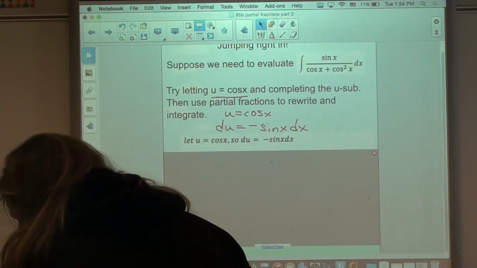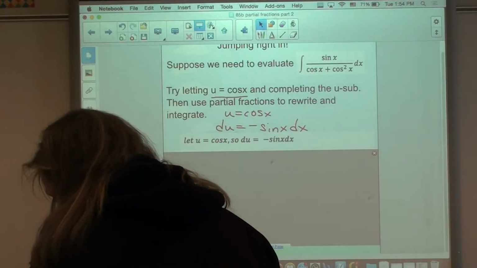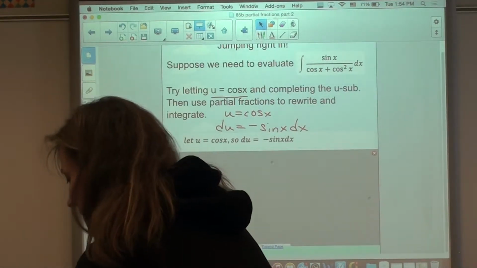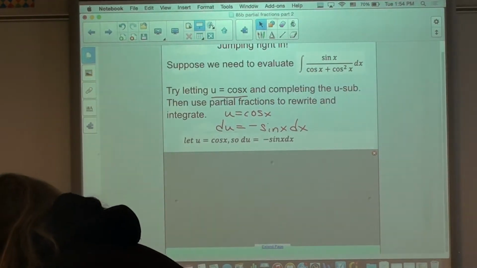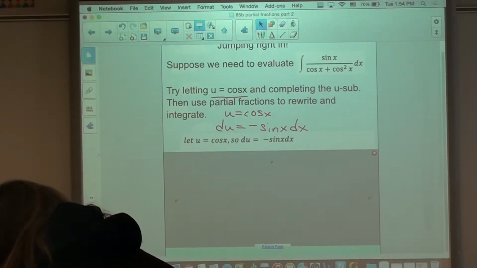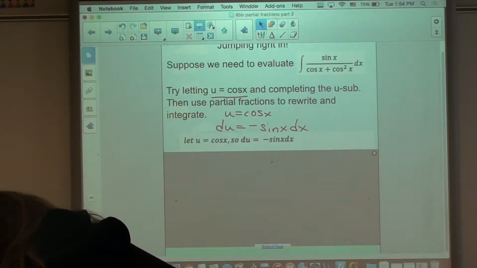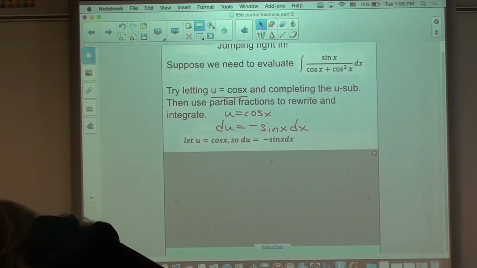So B is still 1, because you cancel out the A. I'm just going to say this is 1. Negative 1? No, it's 1.